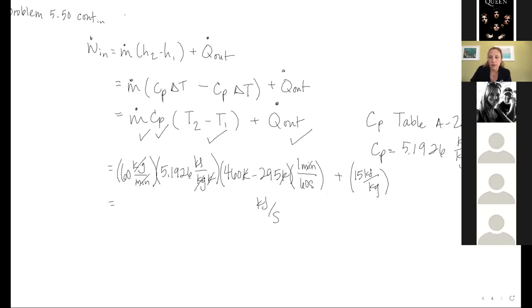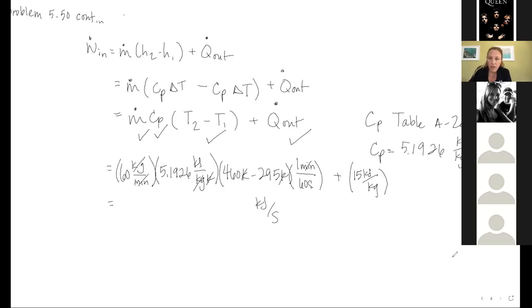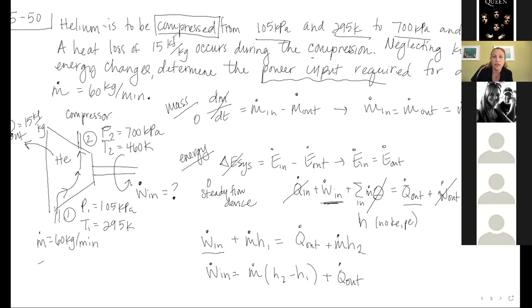In the problem statement, it is labeled that a heat loss of 50 kilojoules per kilogram occurs during the compression process. So we're assuming that what's being compressed over time is resulting in this heat loss of 50 kilojoules per kilogram. But this is just per mass, it's not per time, and we need the heat loss to be per time.